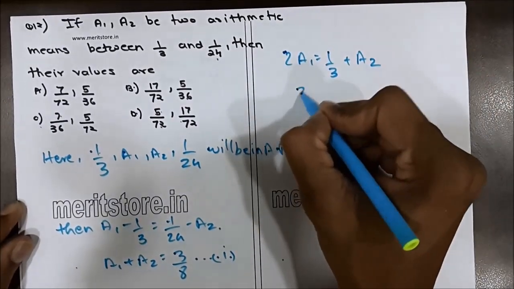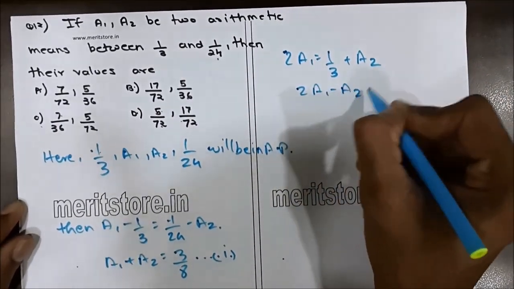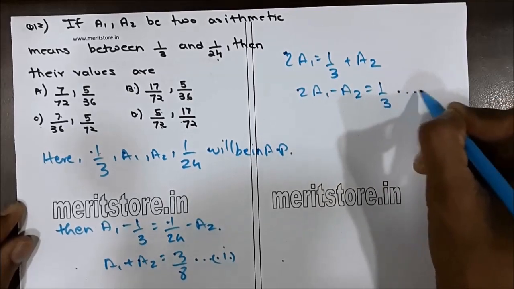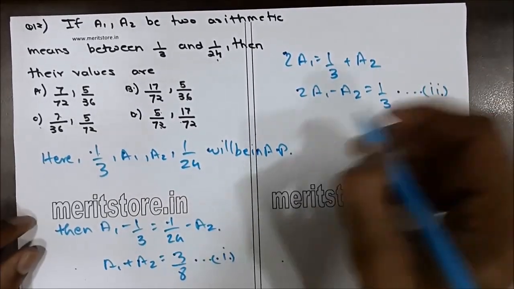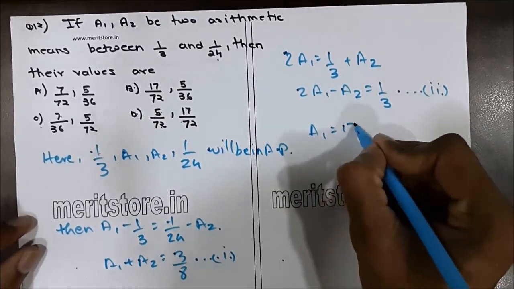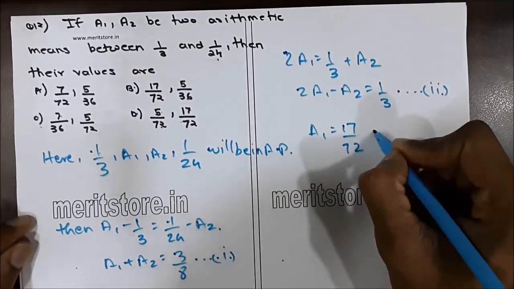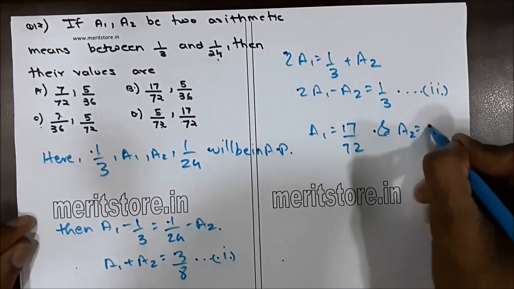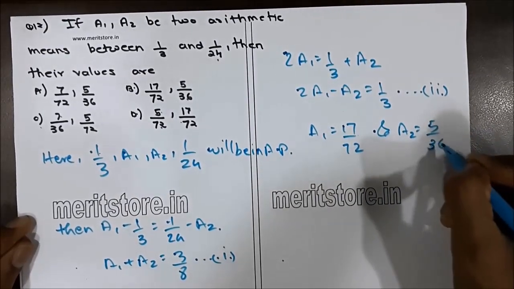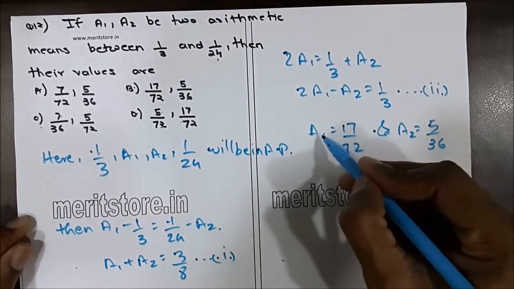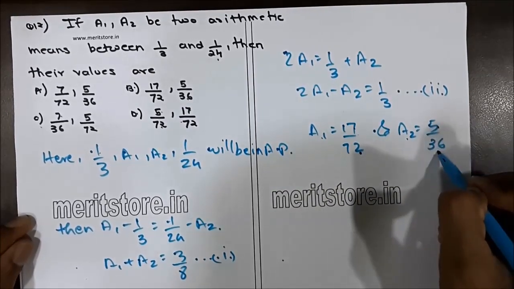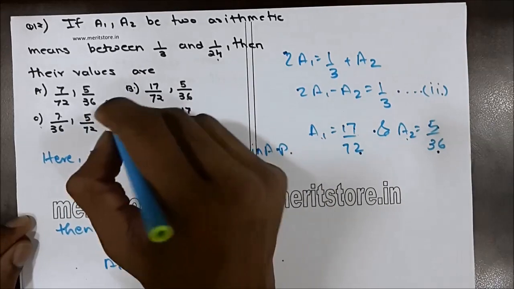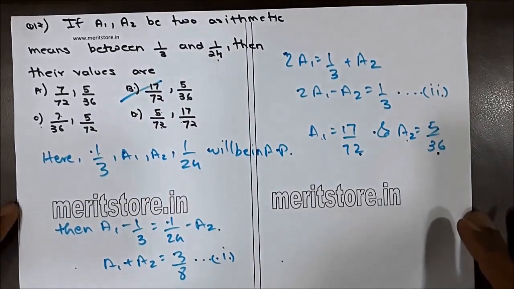We solve this, and we get 2A1 minus A2 equal to 1 by 3. Let this be equation number 2. From 1 and 2 we get A1 is equal to 17 by 72 and A2 is 5 by 36. Therefore, our option B is the correct answer.